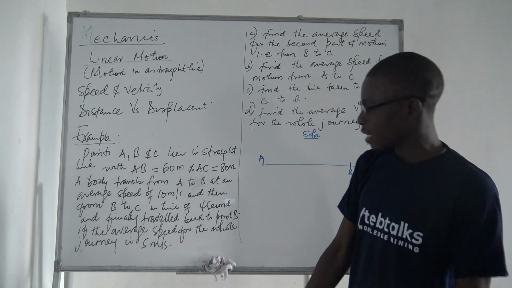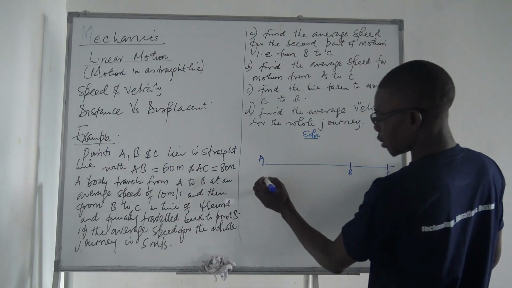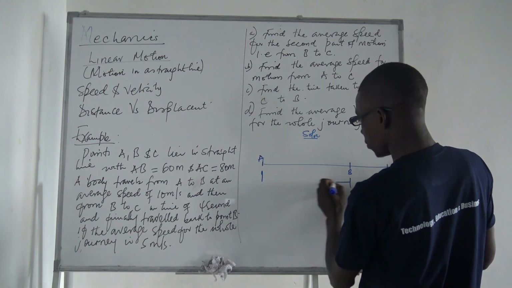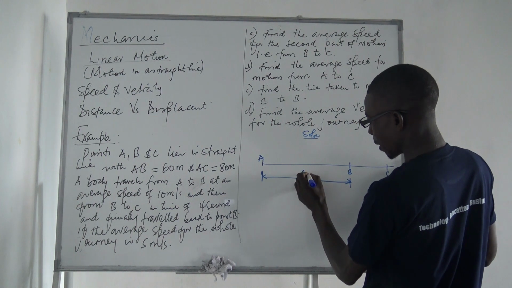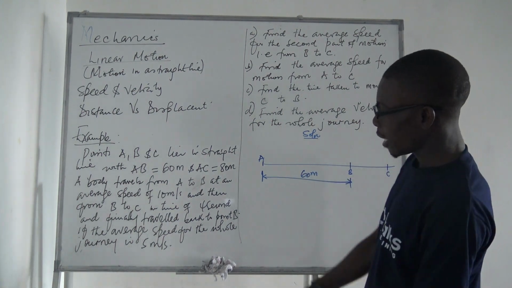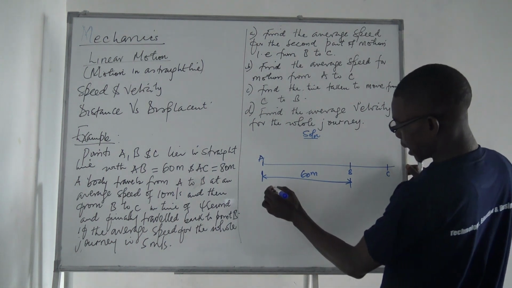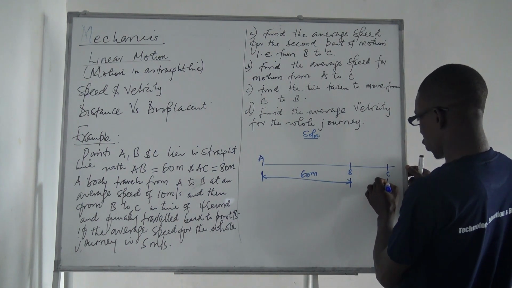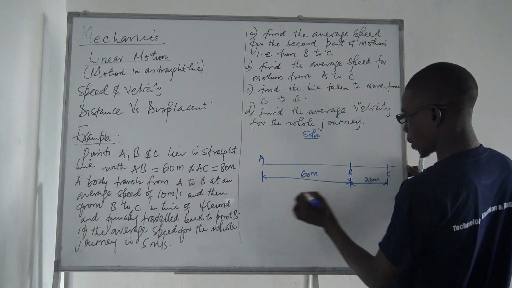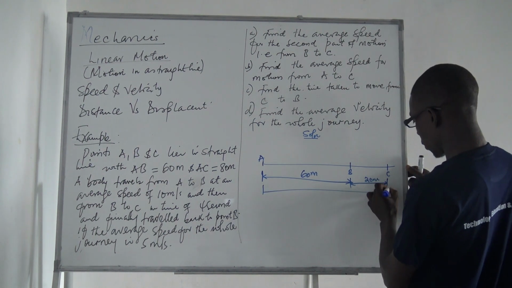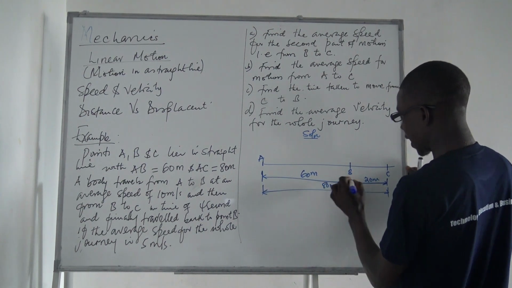They have given us that the distance from A up to B is 60 meters. And they're also saying that AC is equal to 80 meters. That means that if I simplify, BC is 20 meters, because from point A to point C is 80 meters.